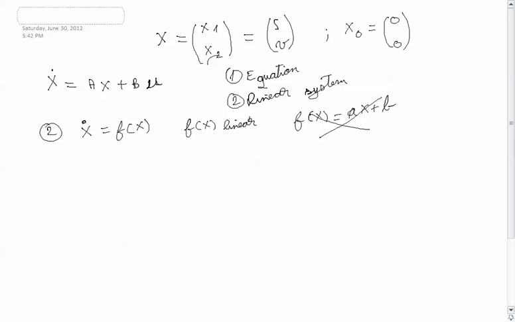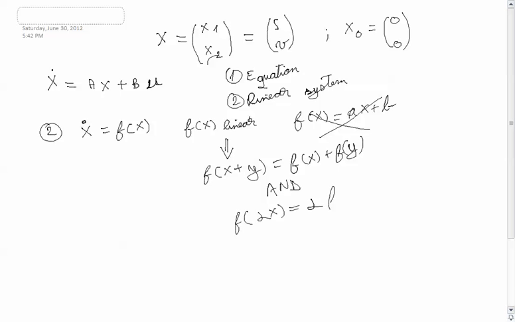Well, it is a linear function if b is 0, but otherwise it is not. A linear function is a function for which we have f of x plus y equals f of x plus f of y, and, very important, two conditions, f of alpha x, where alpha is a scalar, equals alpha f of x, where x and y are vectors.